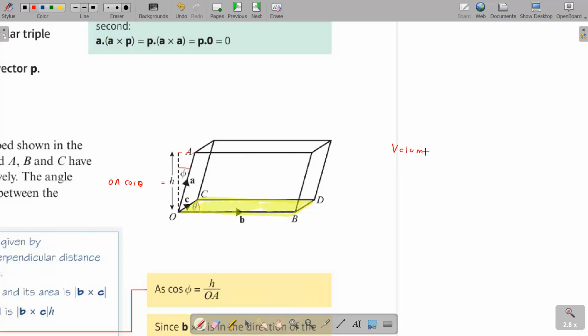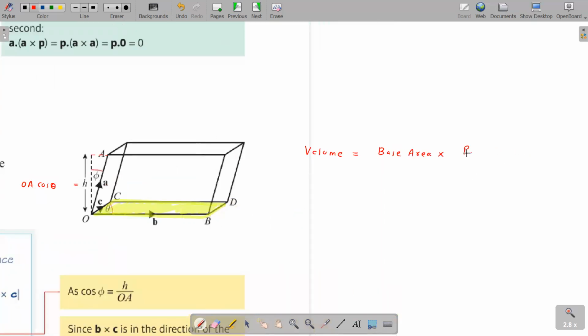Volume equals base area into perpendicular height. Do you agree? So what's the base area here? Modulus B cross C directly, right?